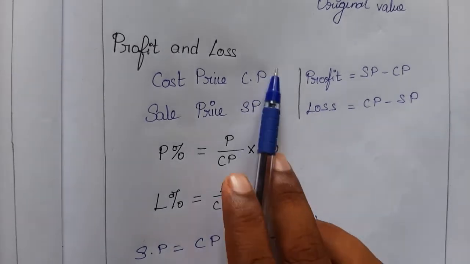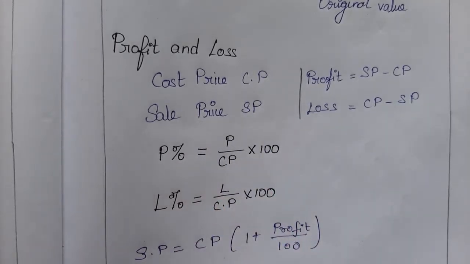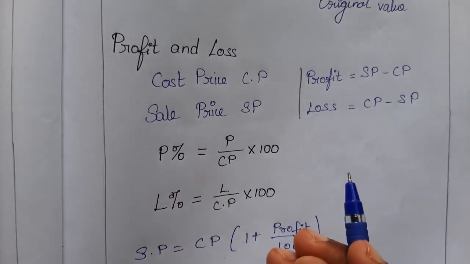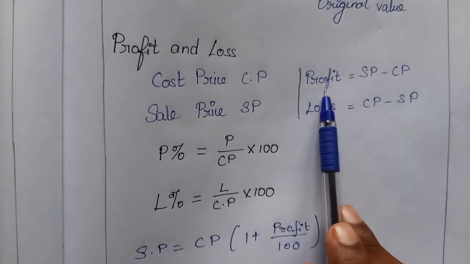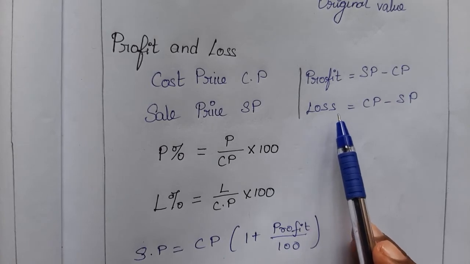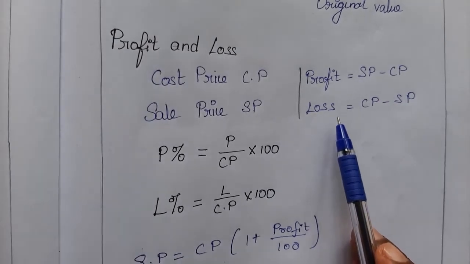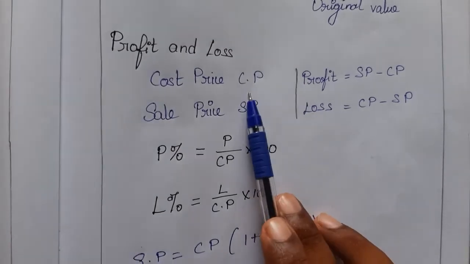Selling price is when the shopkeeper sells the product to the customer by adding some extra amount or less amount. If they increase, they call it a profit. If they sell the product for less, it will be a loss compared with the cost price.